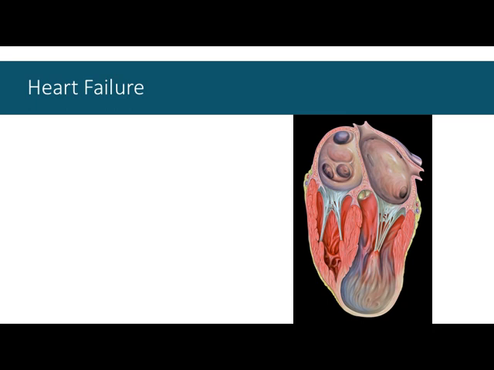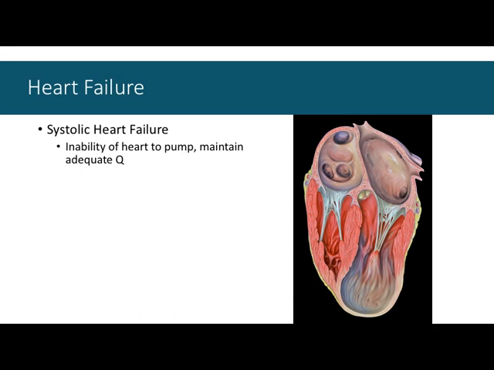So let's talk about heart failure. In simplest terms, systolic heart failure is the inability of the heart to pump blood to the systemic circulation. In this case, flow is compromised.